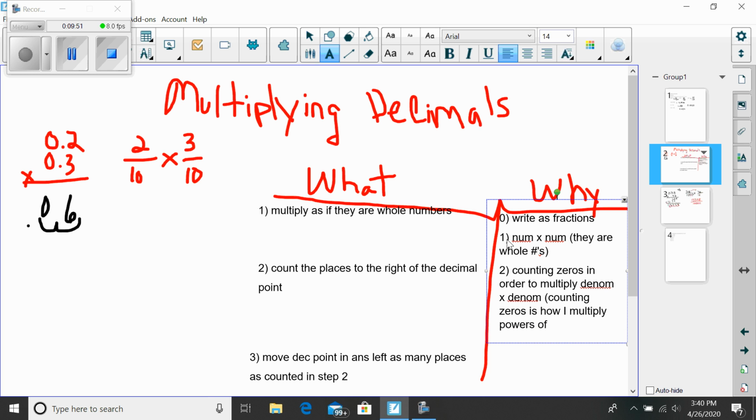Okay. Then for step 3, move the decimal point as many places to the left as counted in step 2.